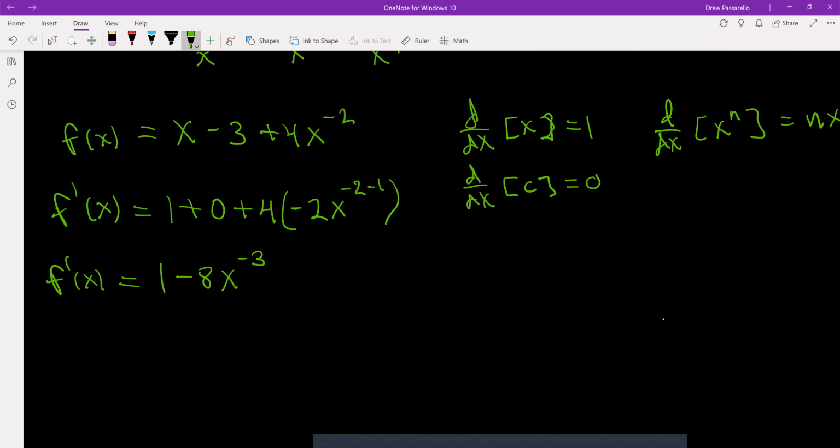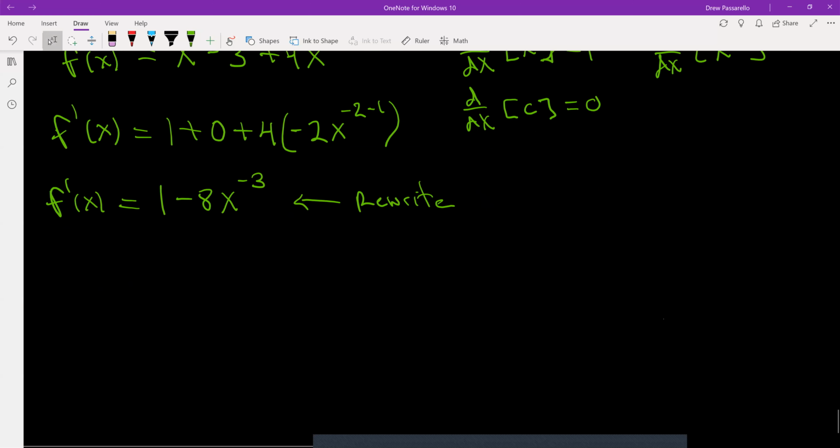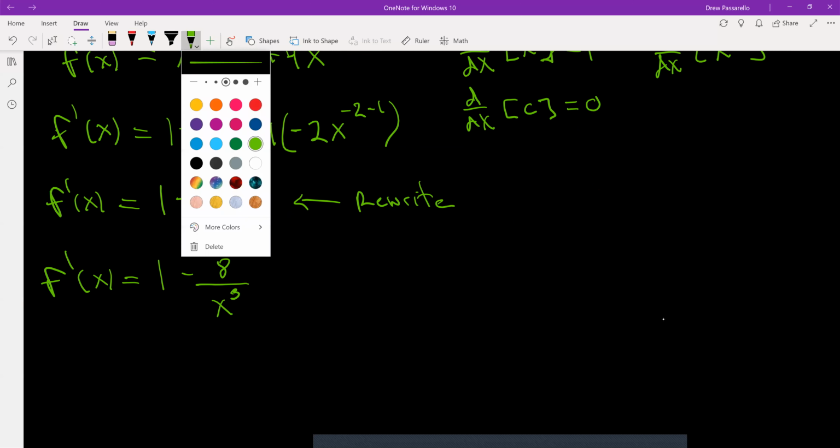And so then I'll rewrite it so that there's no negative exponent. And it changes it to be 1 minus 8 divided by x cubed. All right, and that's going to be the answer.